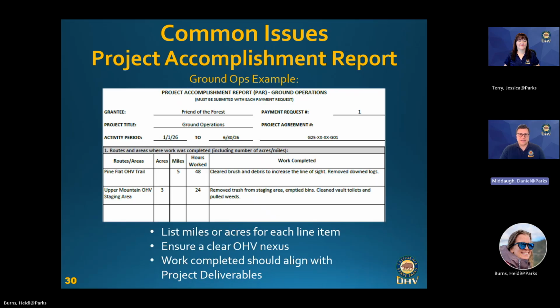Miles, that's going to be something like trail work, whereas acres, that could be a restoration area or maybe constructing a new staging area. Please make sure that your hours worked align with what's in your expenditure workbook. And like Jess just said, for your work completed, you want to make it clear what was done and what the OHV nexus is. Next slide, please.